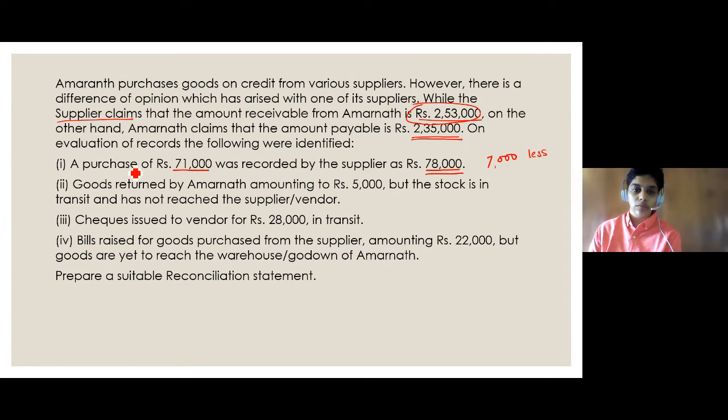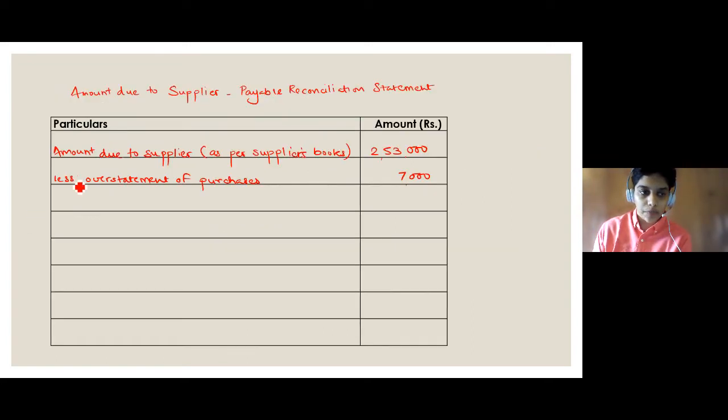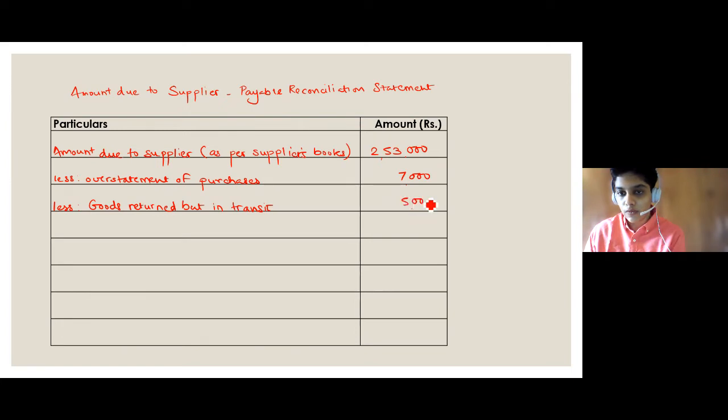But since the goods have already been sent by Amarnath, they are going to be considered as goods returned, but in transit. So we'll be deducting this amount as well. Because goods have been returned, this amount is not due to the supplier anymore. So we go to the statement again, less goods returned but in transit. Now these goods returned in transit are rupees 5,000.